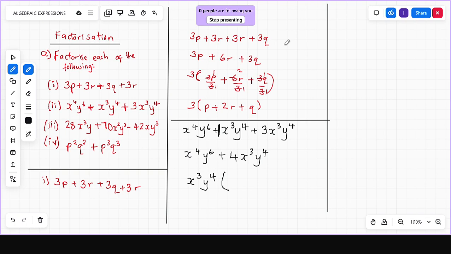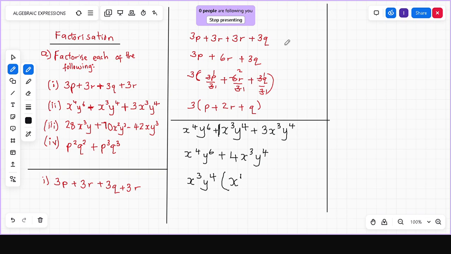Now in this first part, how many x's are we going to be left with? So in the first part we had 4 x's. Here we got 3 x's. So if we take 3 x's outside the bracket, out of the 4 x's, the one which is going to be left inside the bracket is only 1x, x raised to power 1.